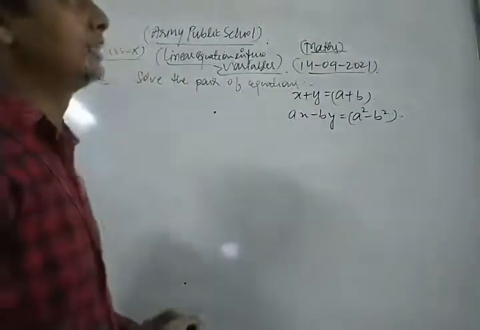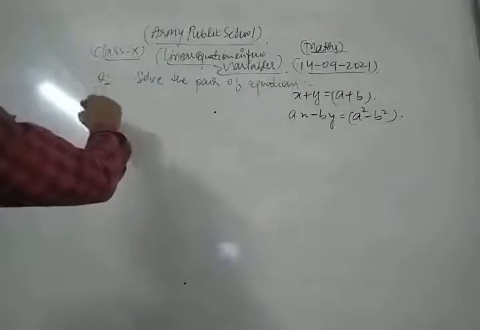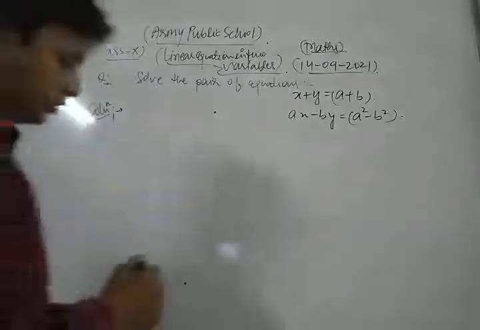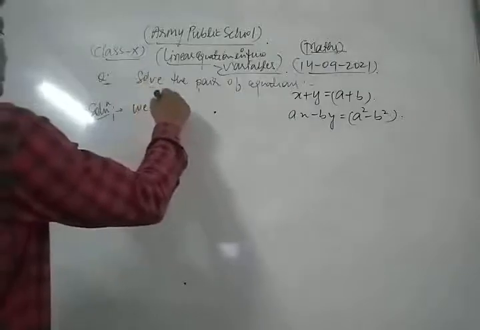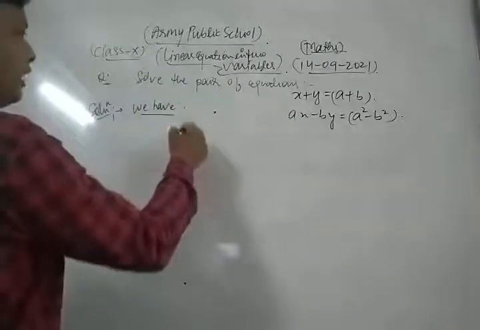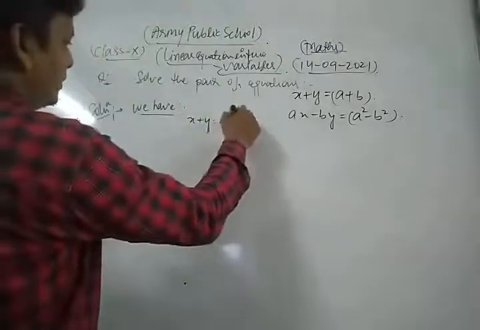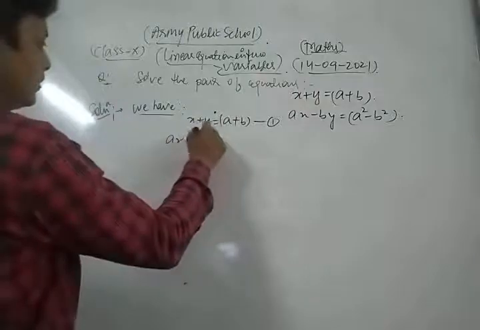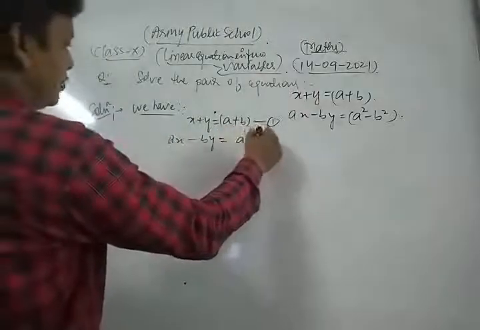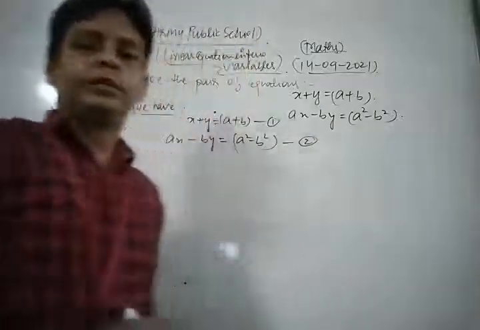Now let's see its solution. What is the process to solve this type of question? We have x plus y is equal to a plus b, take this as equation number 1, and the second, ax minus by is equal to a square minus b square, we take as equation number 2.